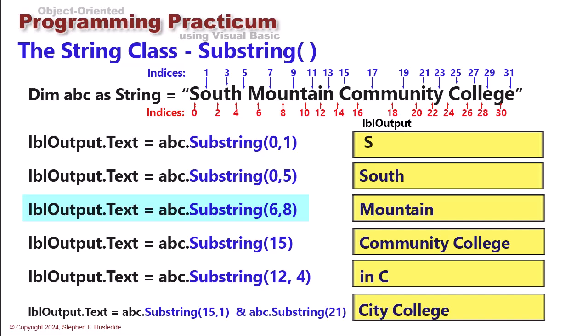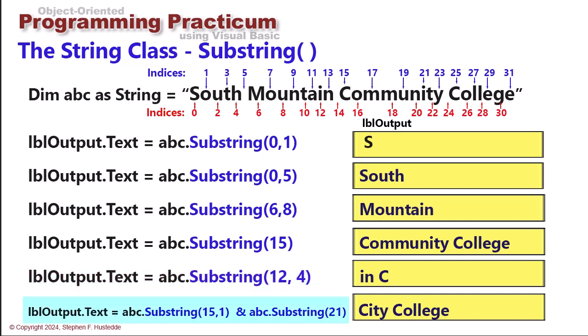If I start with character index 6 and go 8 characters, I'll get the word mountain. Starting with index 15, that's the C of community, it's going to read to the very end and extract that as community college. Index number 12 is the I of mountain. I'm going to take 4 characters, so it's going to be IN space uppercase C.